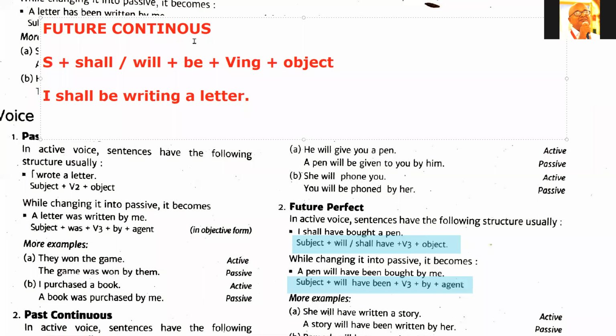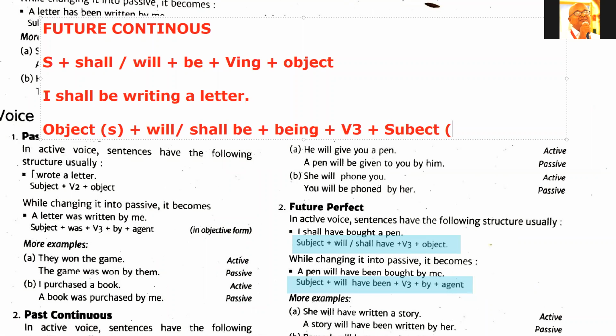Now passive construction. Here object comes in the subjective form plus will or shall plus be plus being plus V3 plus subject taking the objective form.